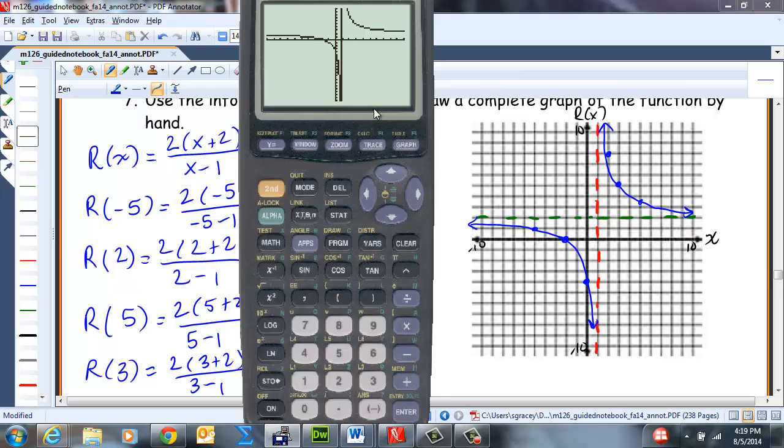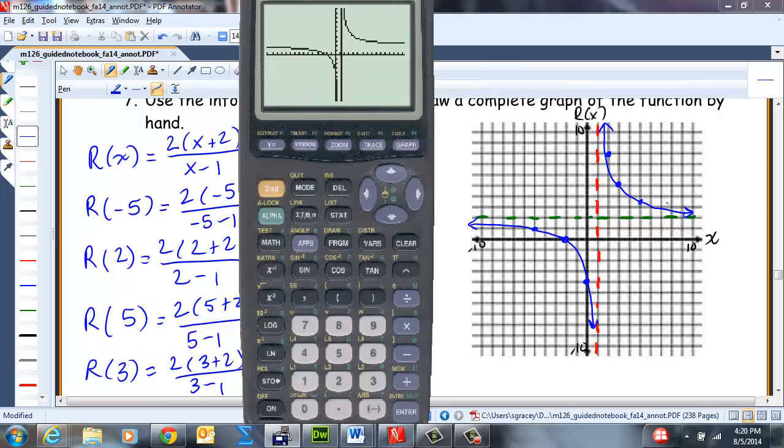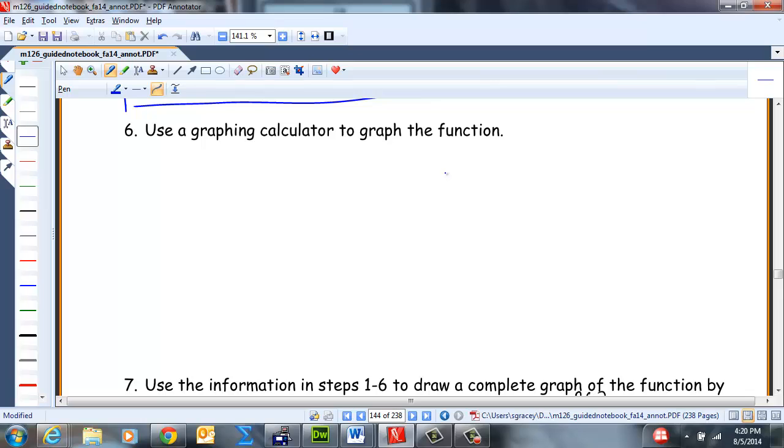And this is a little bit different scale, so let's try zoom square. And actually first we'll go to zoom standard. And then we'll go to zoom square, because that way it'll go more like our graph. And look, it looks pretty similar to what we got. We'll go ahead and paste it up here so you can admire your work.